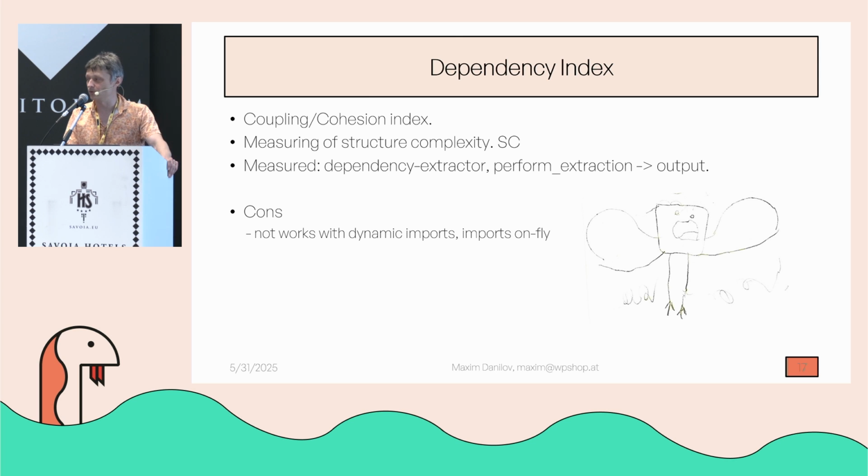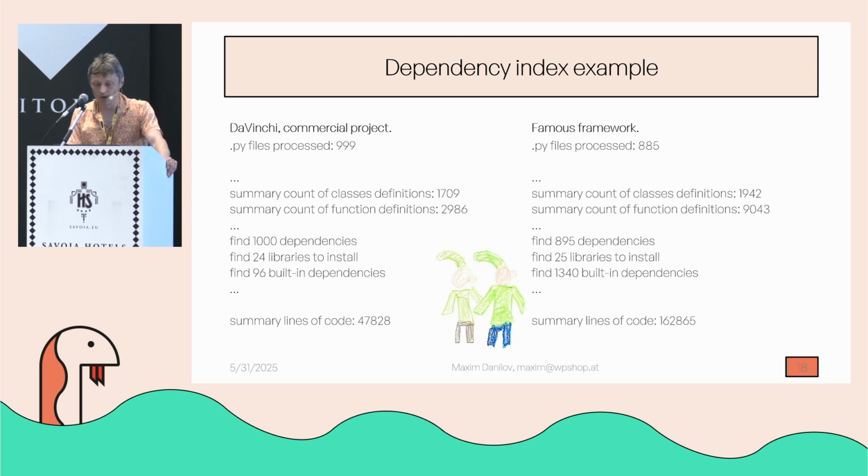I already showed you open source projects. There they have billions of dynamic imports, and I cannot measure which dependency index exists in this project. Okay, for example, my tool measured a business project: we have 1,000 dependencies, only 24 libraries should be installed, and I use only 100 built-in dependencies from Python.